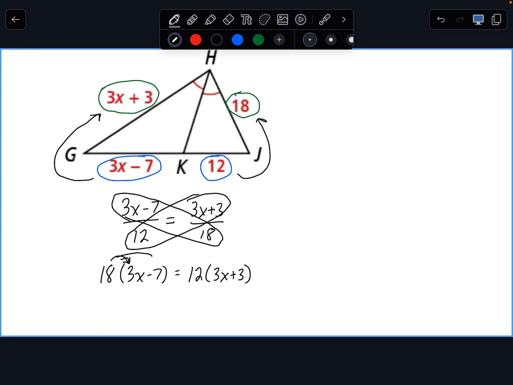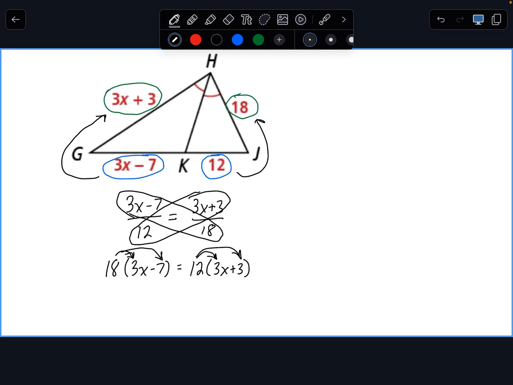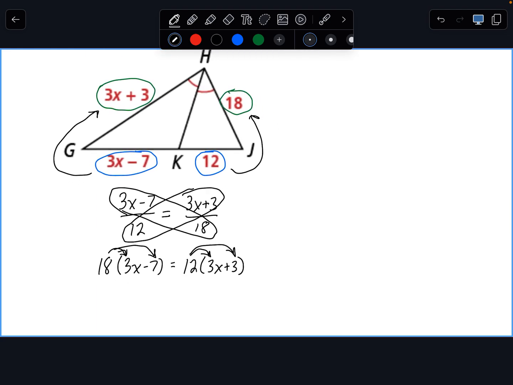And then we're going to distribute the 18 and the 12 into the parentheses. 18 times 3x is 54x. 18 times 7 is 126. And then when we distribute our 12, we get 36x plus 36.